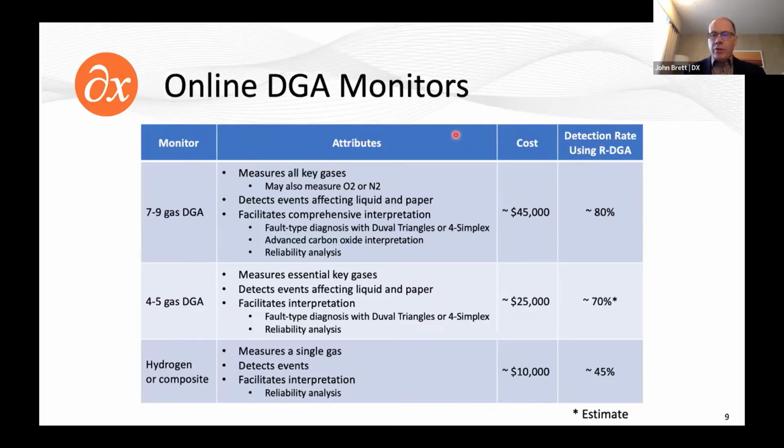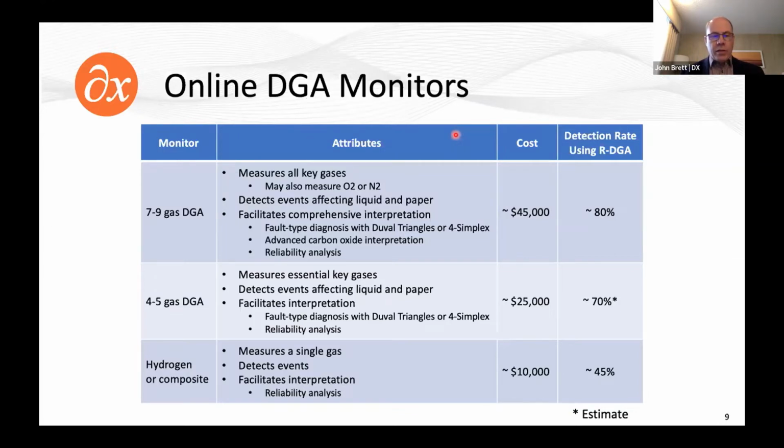And our work has shown that for all the failures we've seen that are related to DGA, applying these methods and the reliability analysis can generally detect about 80% of all the failures before they fail. So you have an opportunity to avoid 80% of potential failures that are related to DGA.